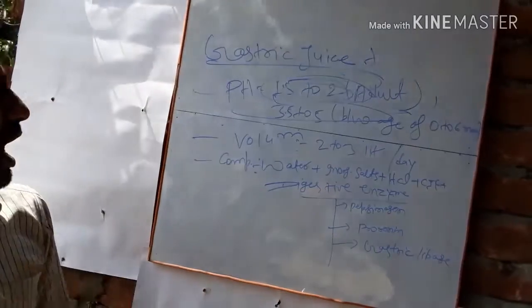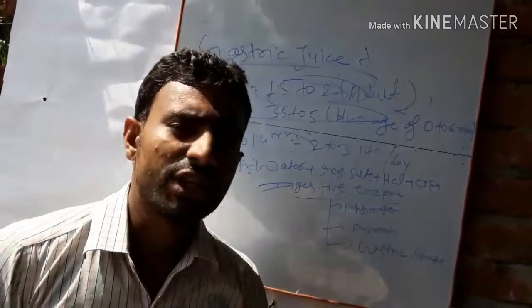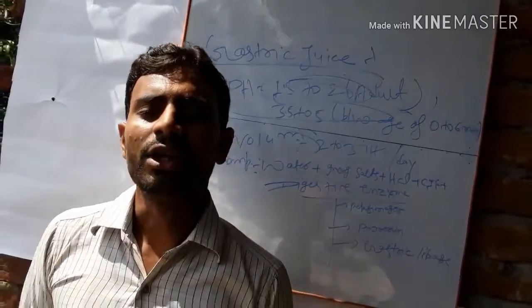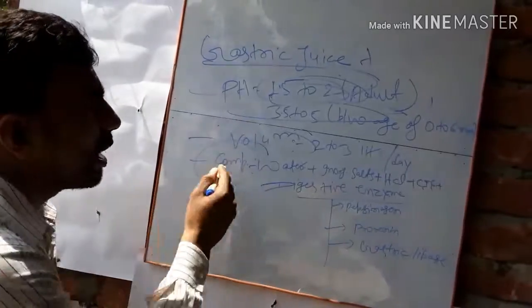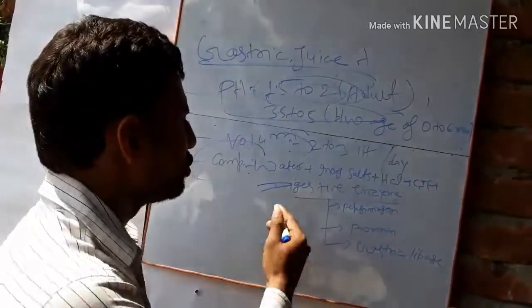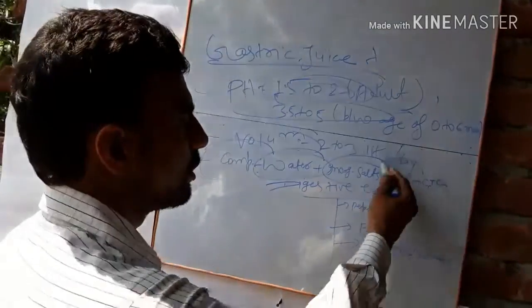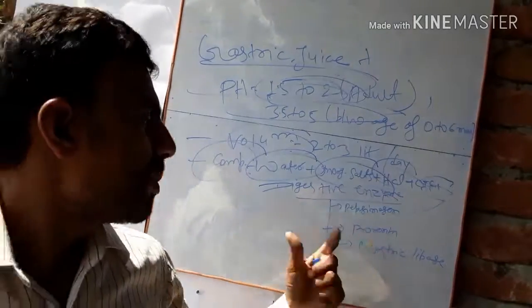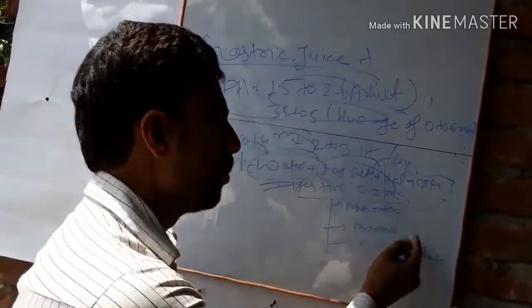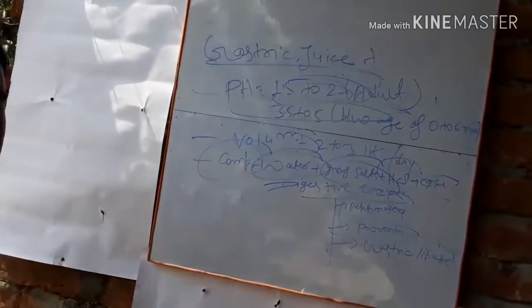Now let's talk about the volume of gastric juice secretion per day. 2 to 3 liters of gastric juice is secreted per day. The composition of gastric juice is water, inorganic salts, HCl, intrinsic factor, and digestive enzymes. The digestive enzymes are pepsinogen, prorenin, and gastric lipase.